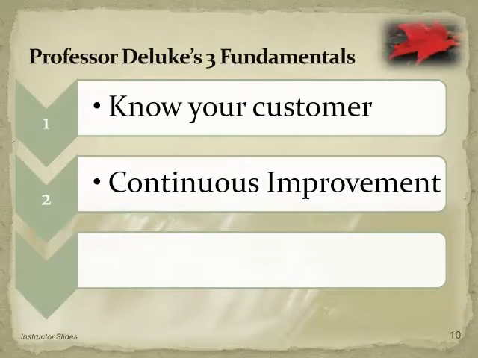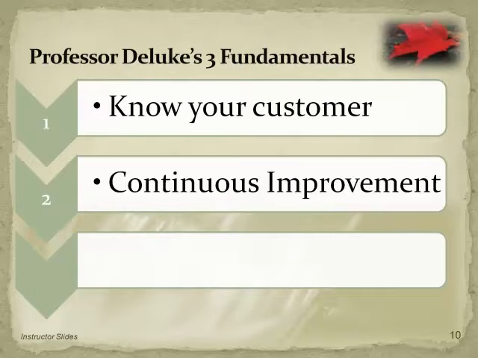So this takes us to the second of Professor DeLuke's 3 fundamentals. Out of all the processes, especially the operations processes, there are just a few that are going to be delivering the value that our customer is willing to pay for.